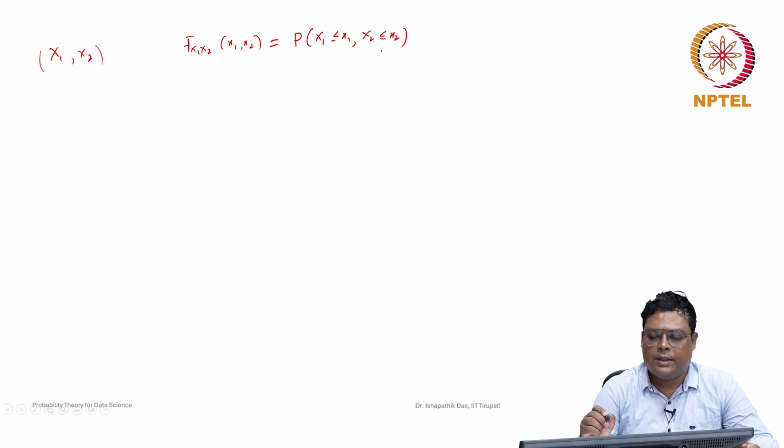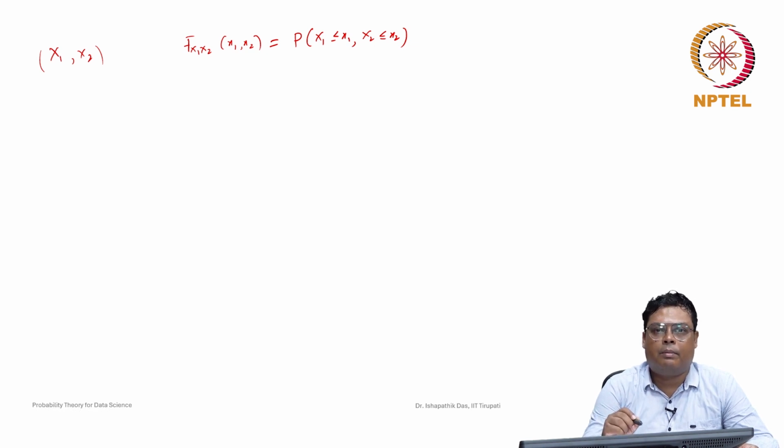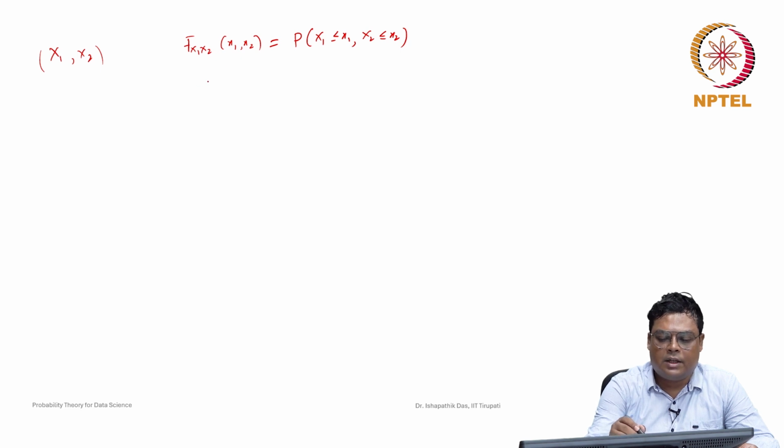For a continuous bivariate random variable, we assume that this is differentiable with respect to x1 and x2, so that there is a function such that this can be represented in this way.